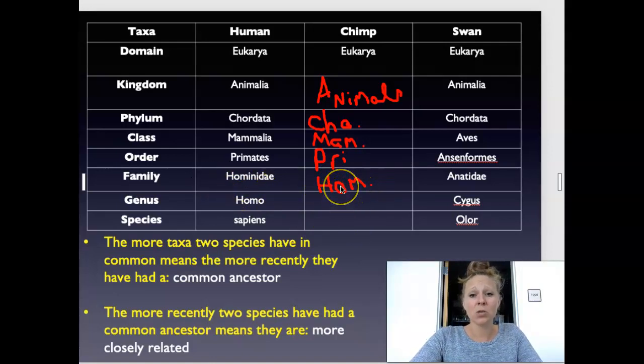Our common ancestor with chimpanzees was far more recent than it was with swans. The genus of a chimp, however, is actually Pan. So this is where we start to differentiate. Pan, and you don't need to know how to spell this, it's Pan troglodytes.